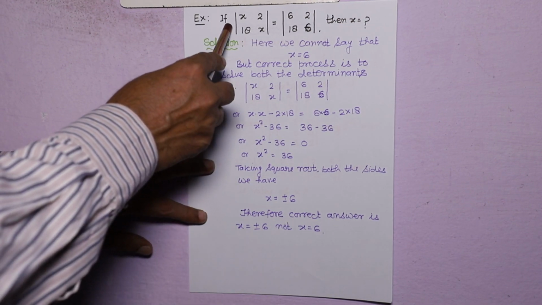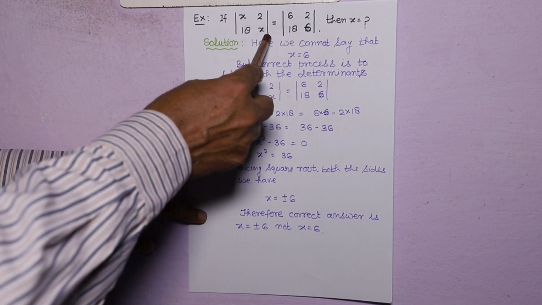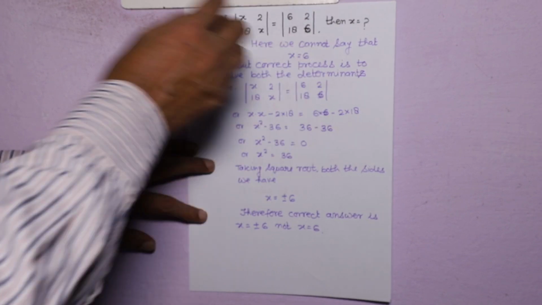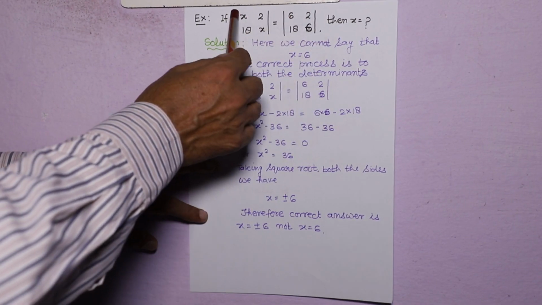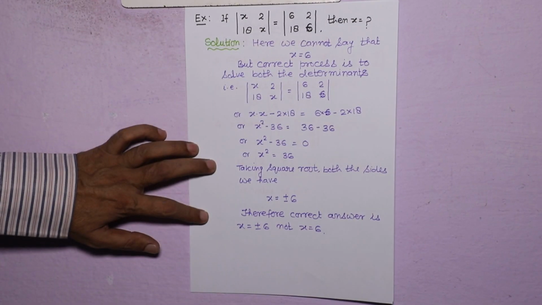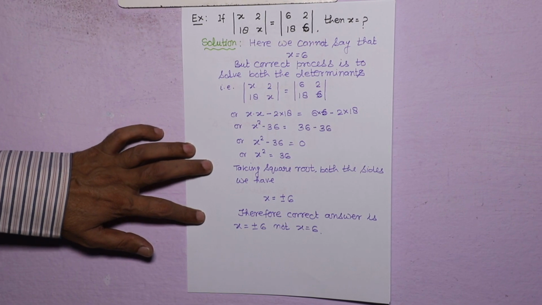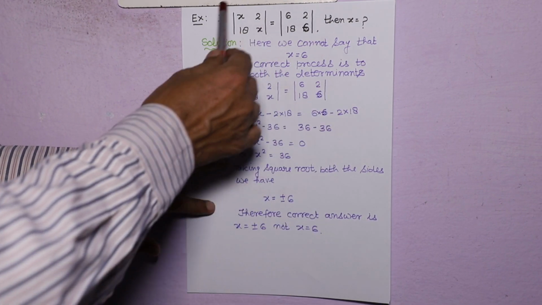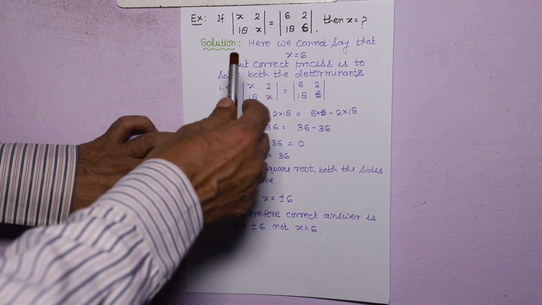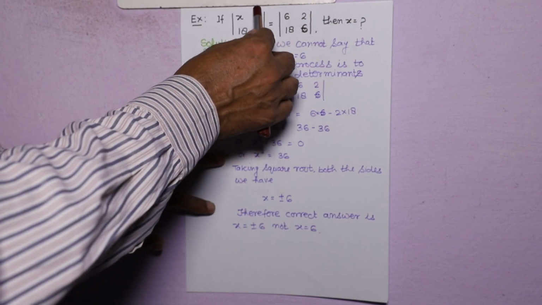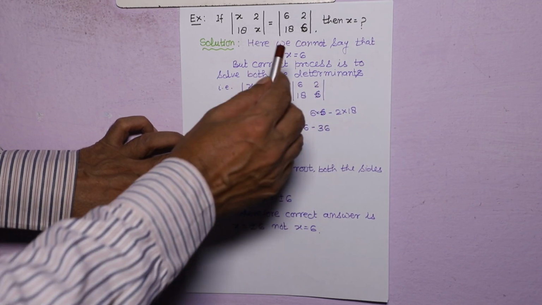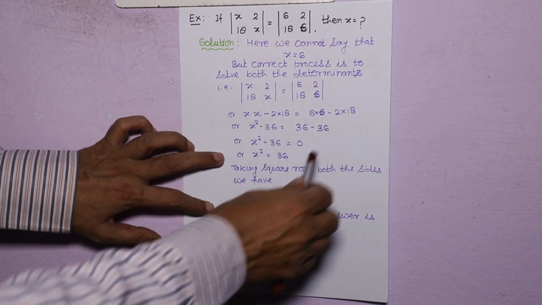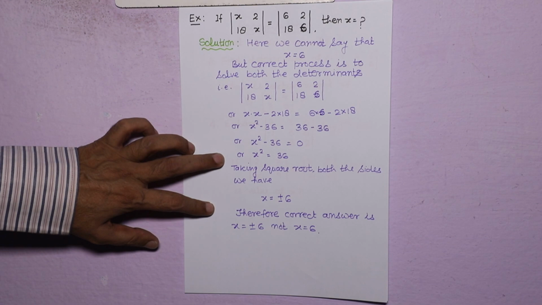For example, if the determinant x 2, 18 x equals the determinant 6 2, 18 6, then what is x? Here we cannot say x is 6 directly, but that will be the case of matrices, not the case of determinants. So finding the value of both the sides, x into x minus 2 into 18 equals 6 into 6 minus 2 into 18. So x square minus 36 equals 36 minus 36.